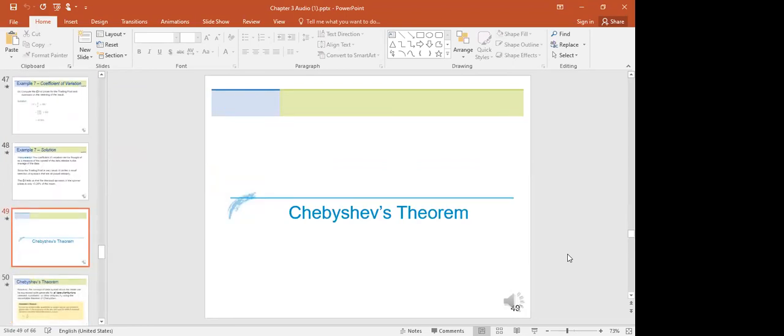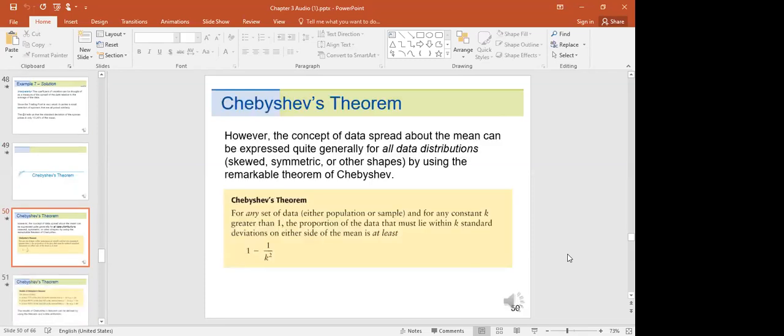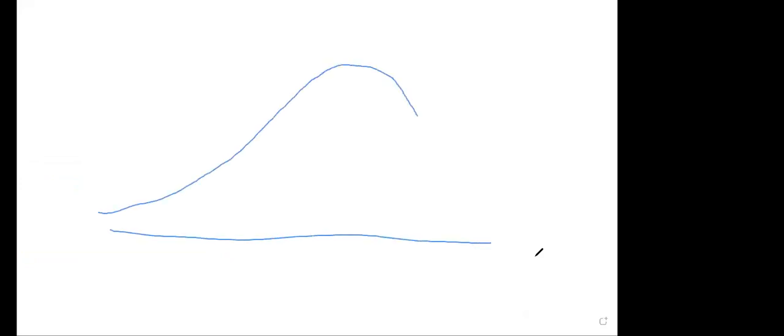Another concept in distribution is Chebyshev's theorem. When we have data values, we can subdivide them using the standard deviation. I'm going to explain this using the whiteboard. Suppose this is a distribution. I'm giving you a common example of a distribution, which is the normal distribution.